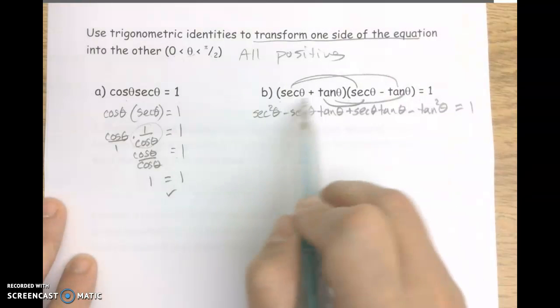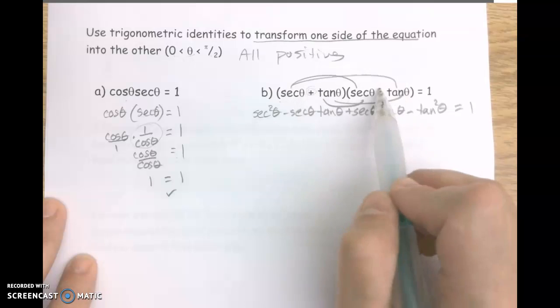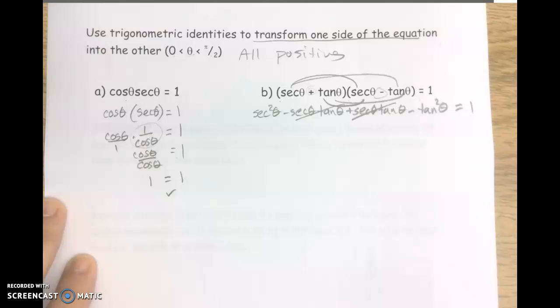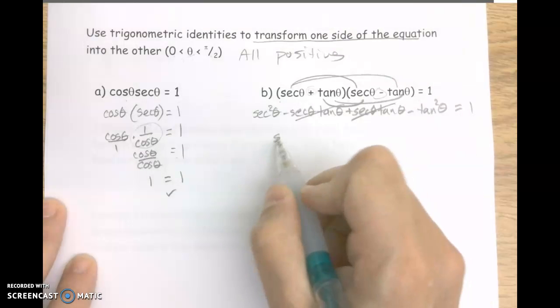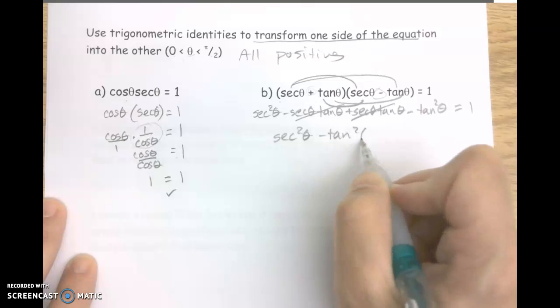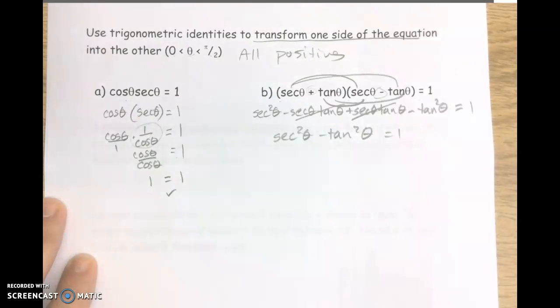You'll notice the two binomials are exactly the same, except you have a positive and a negative, and that usually results in the middle term canceling out. So we've got secant squared theta minus tangent squared theta equal to 1.